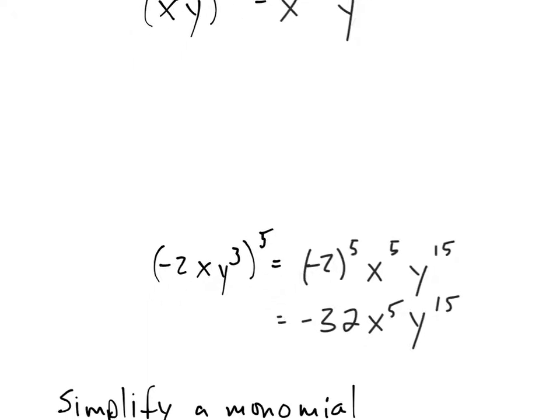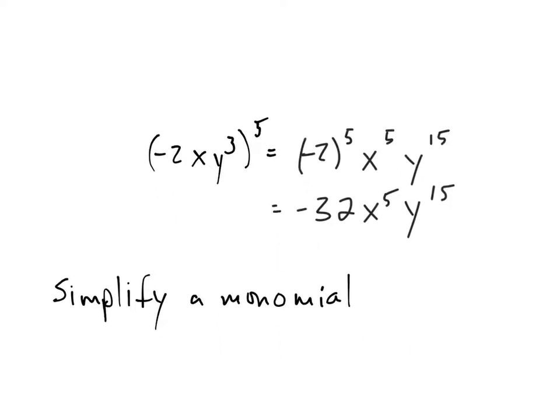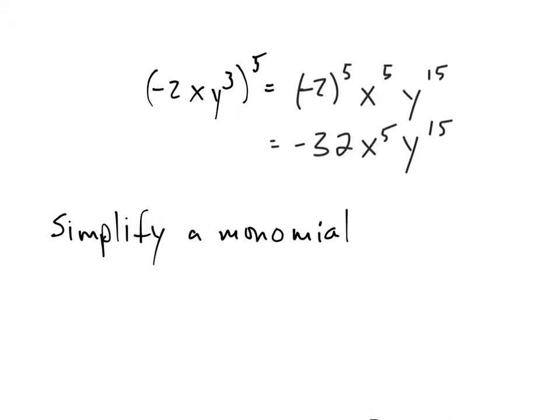All right. Now, when you simplify a monomial, which is what you'll spend the bulk of today's homework on, there are three things that have to happen. The first thing that has to happen is that each variable should only be written once, or should only appear once.